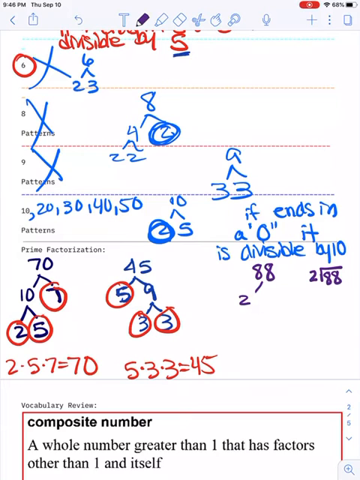I can skip count up to 88. You can make a number line and you could count like this until you got up to 88, and then count how many 2's you went. So 2, 4, 6, 8, 10, 12, 14, 16, 18, 20, 22, and keep going till you got to 88, and then count the number of jumps that you had to make on a number line. Eventually, you're going to get to 44.